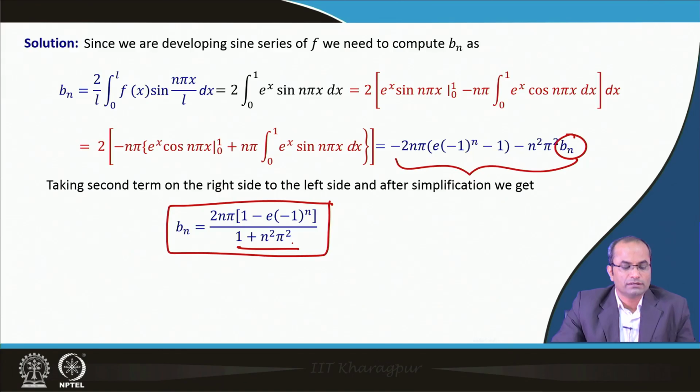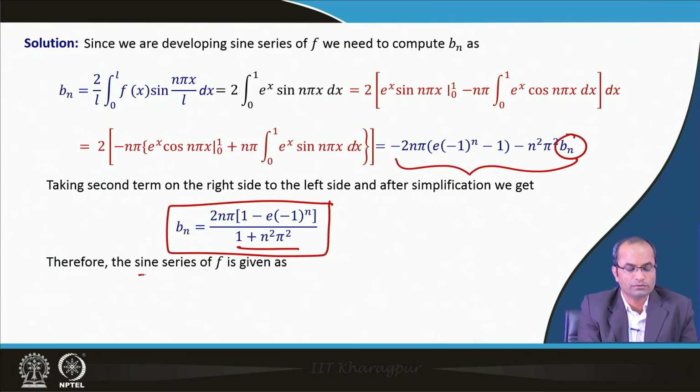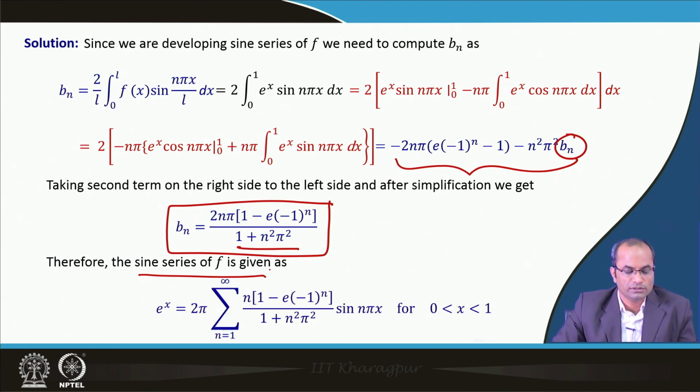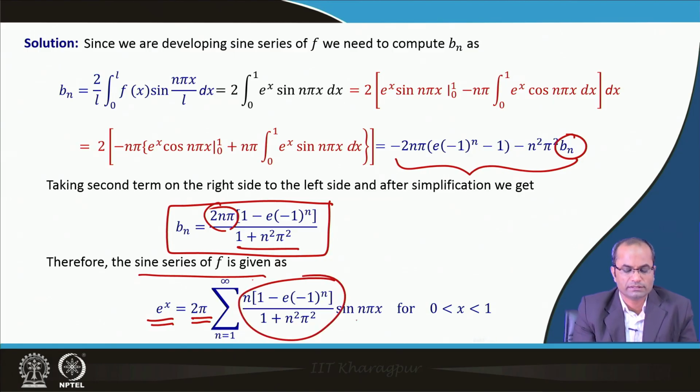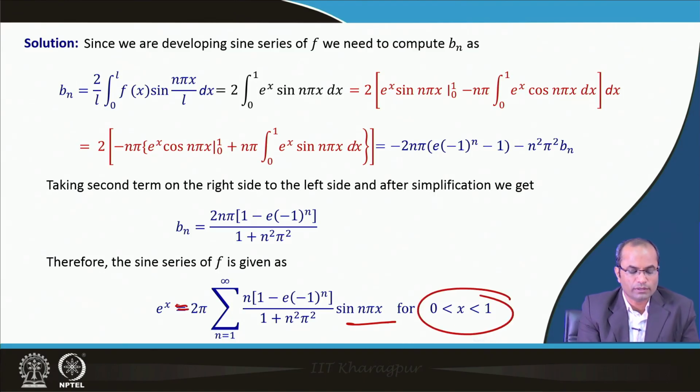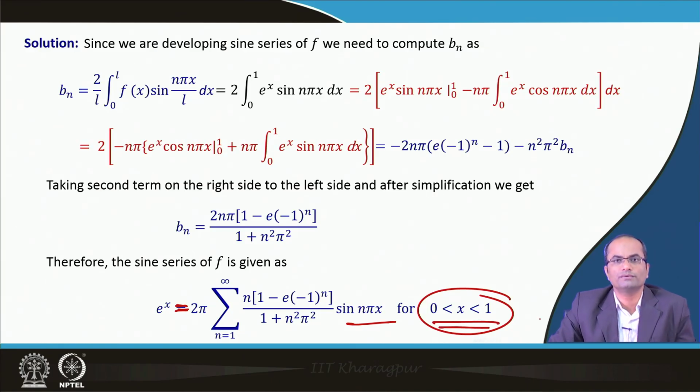So, having these Fourier coefficients now, we can write down the sine series, because here the objective was to have the sine series. So, the sine series for e power x will be this 2 pi, and then this coefficient b n is substituted here, and then we have this sine n pi x term, and this equality we have written is true in this region 0 to 1, because we have a continuous function.